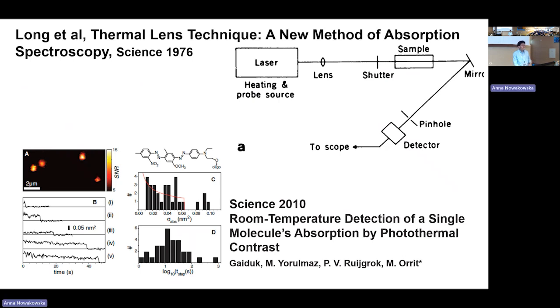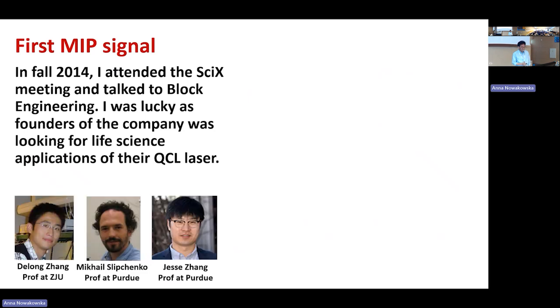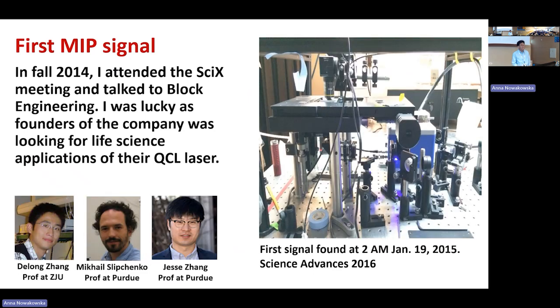And initially, we did not even have the laser because all the lasers were near infrared for coherent Raman spectroscopy. Until 2014, I attended a science meeting, and a company called Block Engineering was looking for a life science application of QCL laser. And I told them, you give me the box, I can open a new market for you. And that's how I brought this blue box to the lab. And we built a small microscope on the corner of the table next to the coherent Raman setup, which is huge.